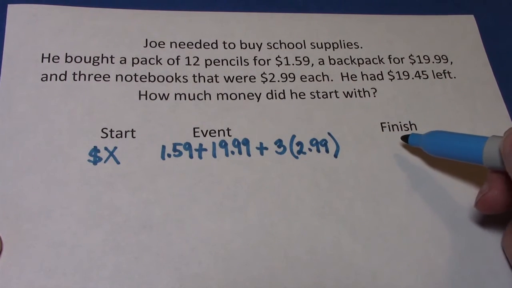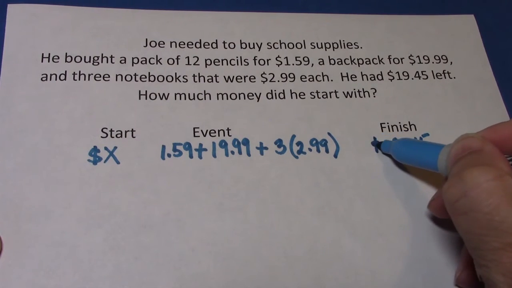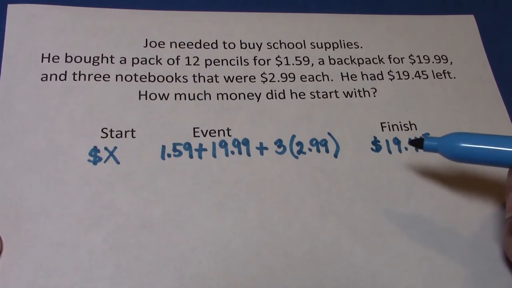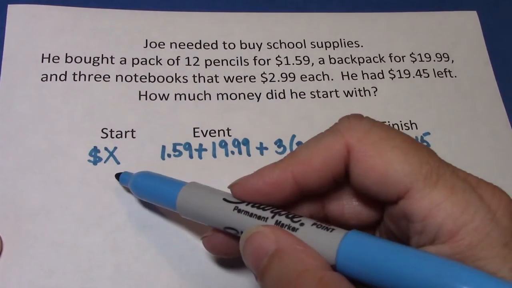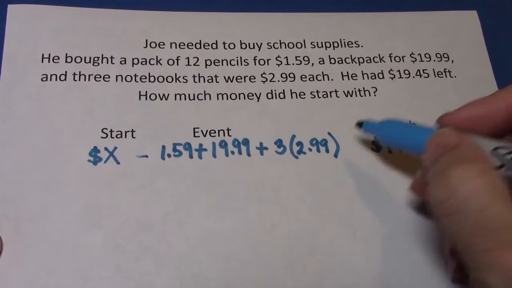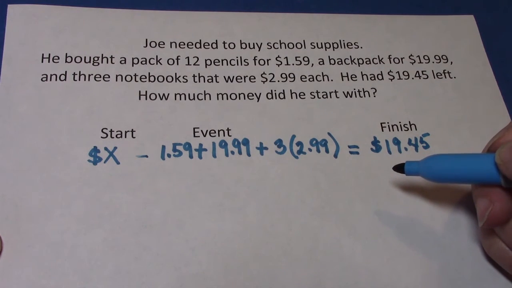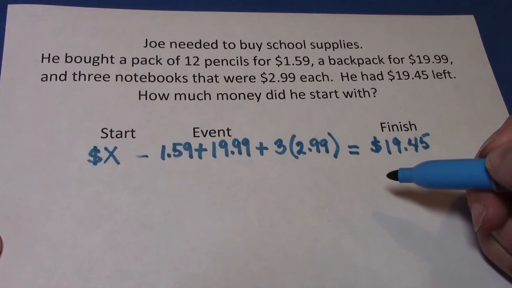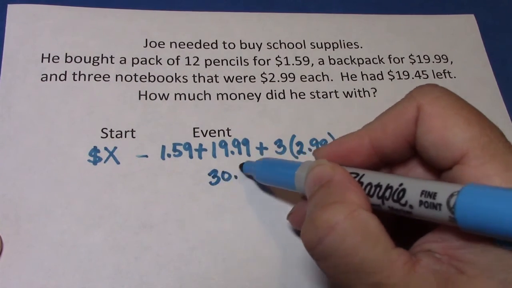And at the finish, he had $19.45 left. So you know how this is going to go. The start minus what he bought is going to equal the finish. All right, let's do some of the math here. He actually spent $30.55.